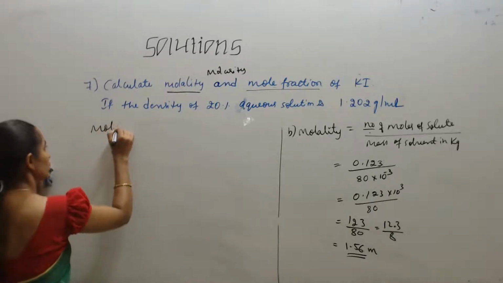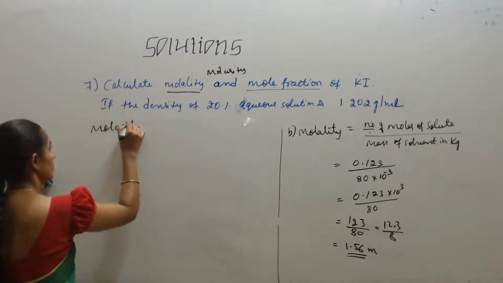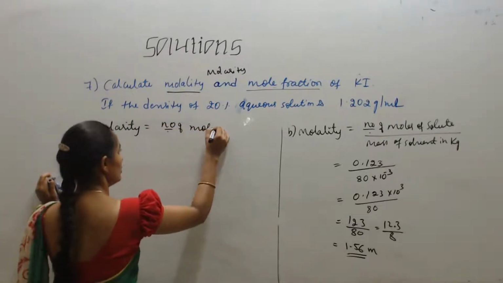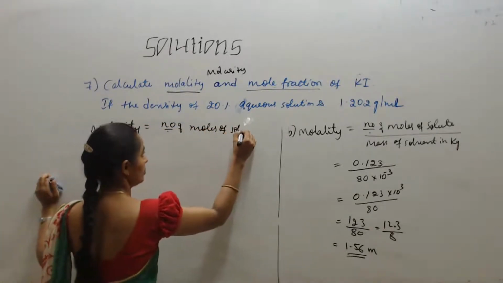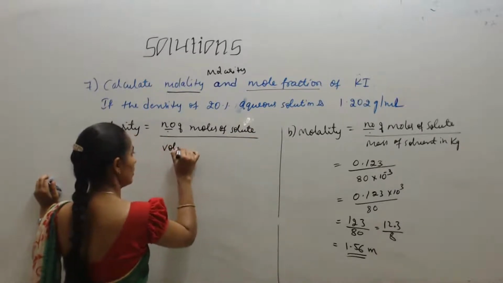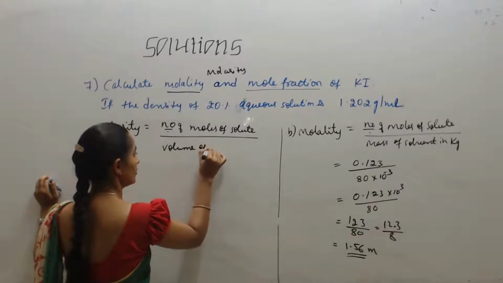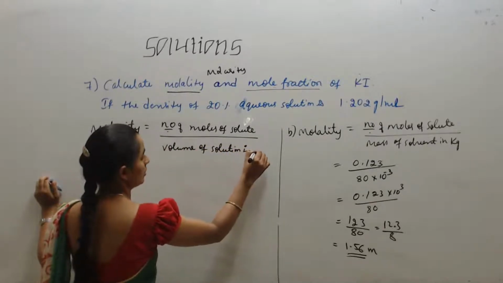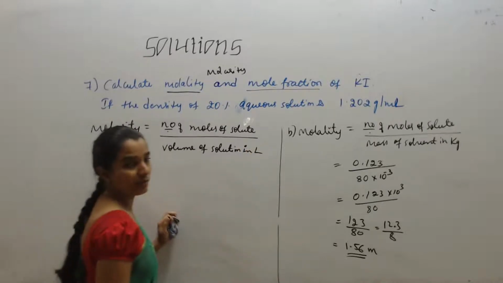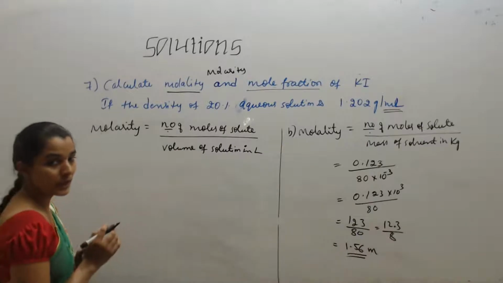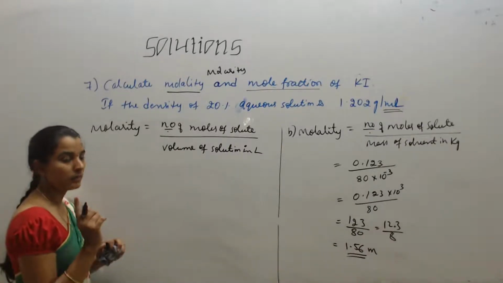Molarity means number of moles of solute divided by volume of solution in liter. Remember here the given is ml. ml means 10 raised to minus 3 liter.